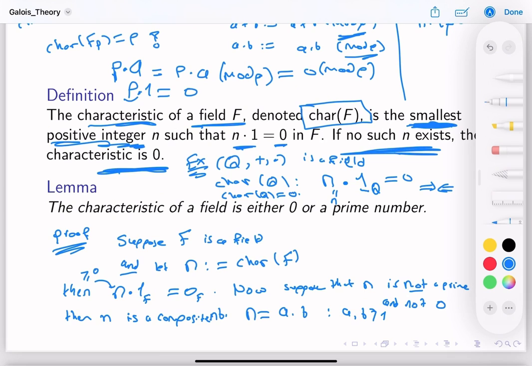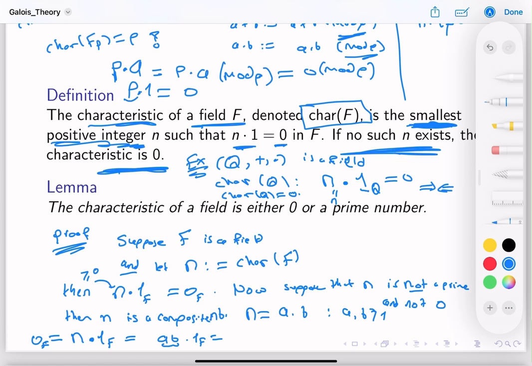And thus, what we have from here is that n dot 1 is 0, which is equal to ab dot 1_F, because this is an integer.